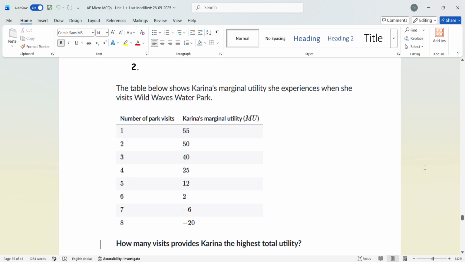The table below shows Karina's marginal utility she experiences when she visits Wild Waves Water Park. How many visits provides Karina the highest total utility?